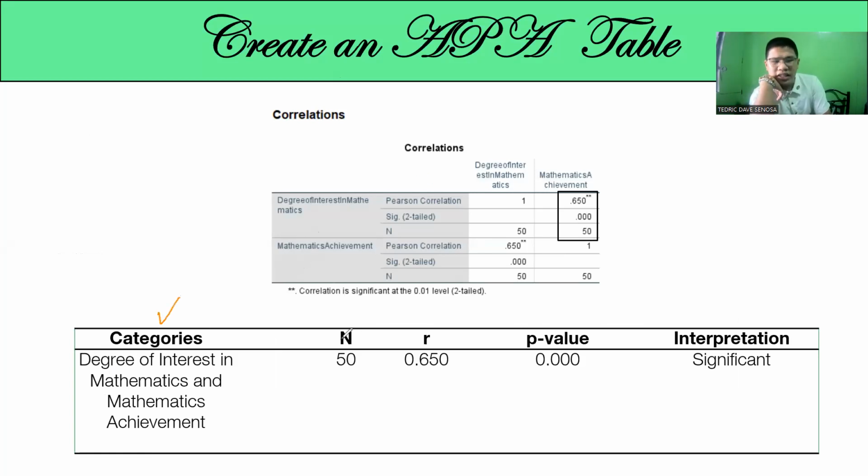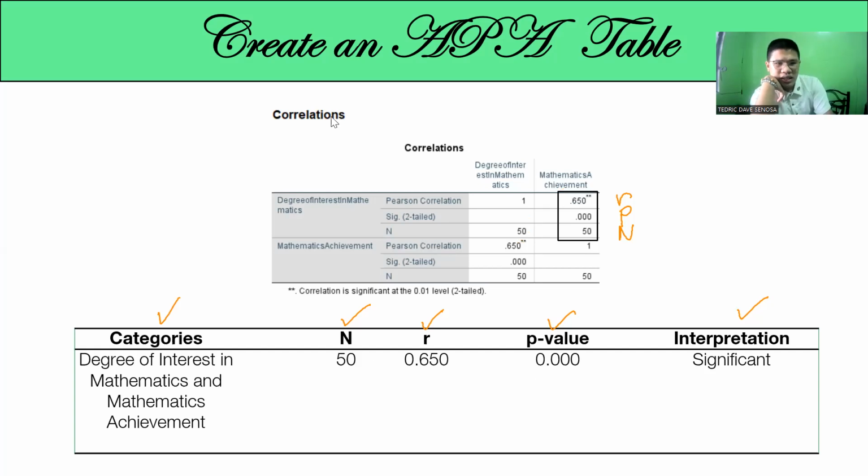The categories, before it was DF, now it is N. Then R, p-value, interpretation. Your N is here, your R is here. This is your R, this is your P, this is your N.